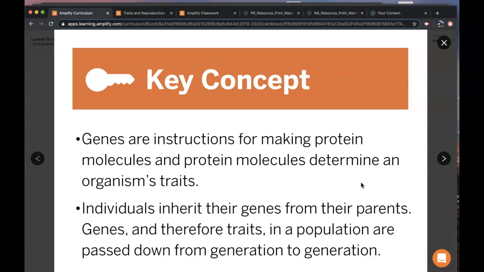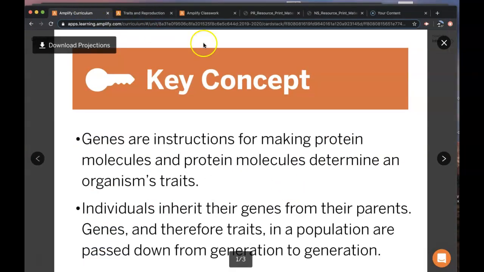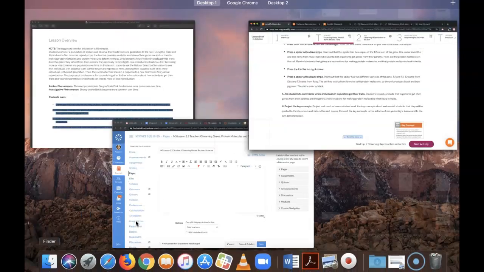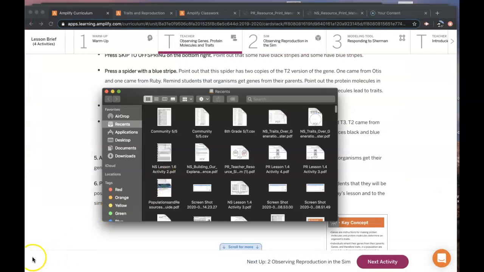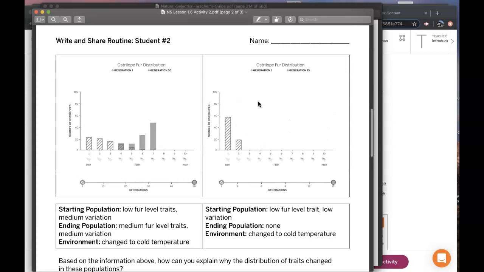So this is important because, when we look at the modeling tools, let's see, if I pull up one of the modeling tools, I'm not going to look at the modeling tool for the write and share routine that you were supposed to do last week or a couple weeks ago.